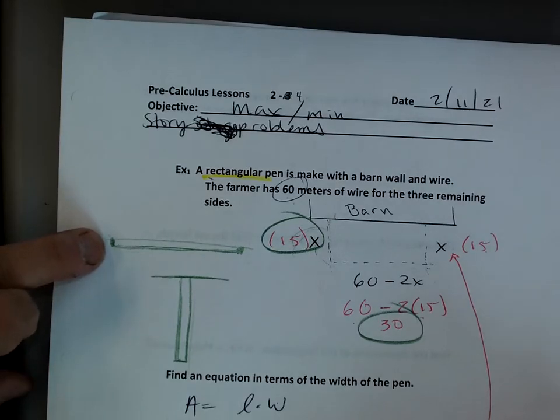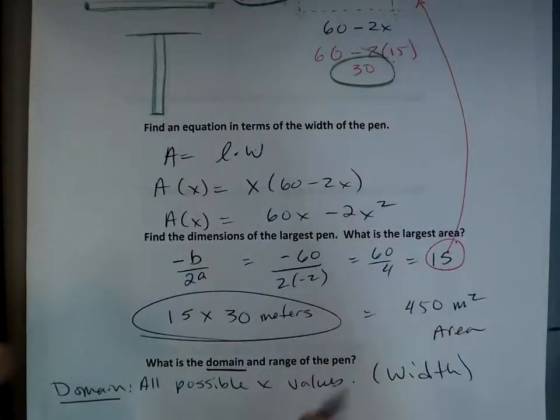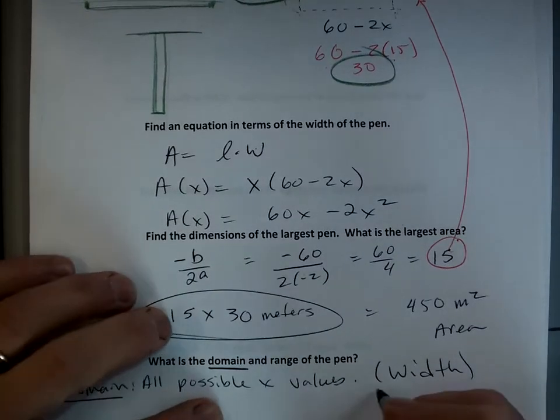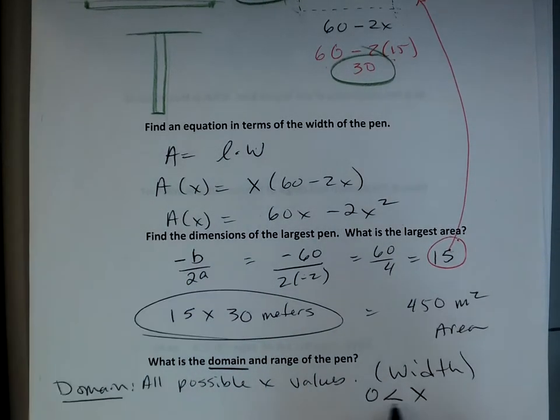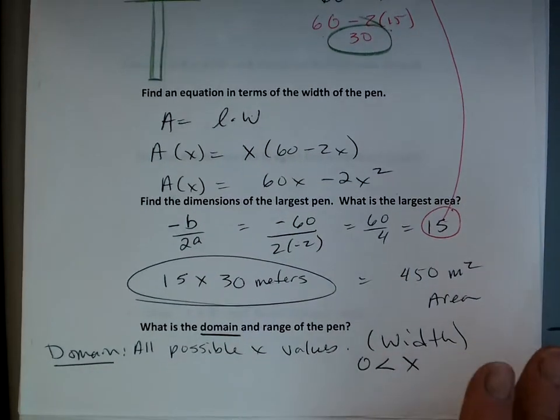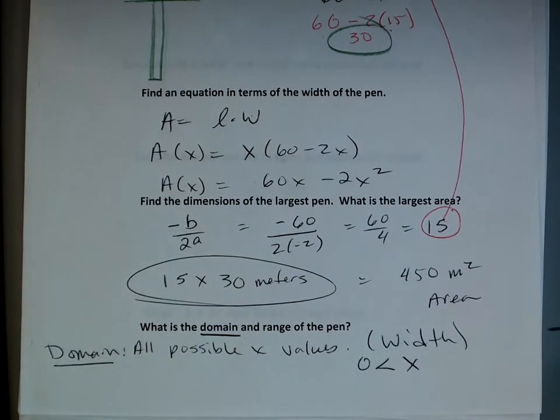Up to 0, right? We could have 1 inch. So we could say the smallest is going to be 0 is less than x. I'm not going to put the equal, because if it equals 0, I don't have a fence. It could be 1 inch wide and super, super long, but it can't be equal to 0 because then we wouldn't have a fence.